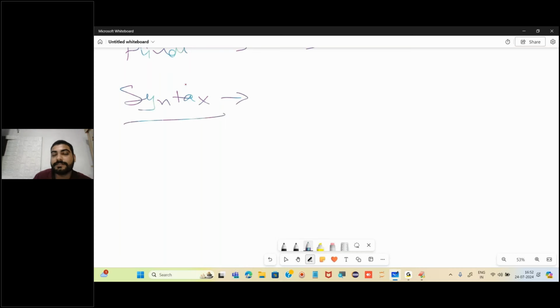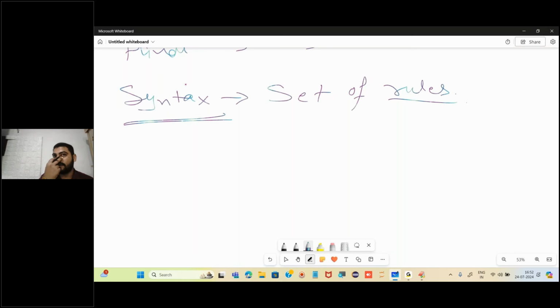What this syntax is, I can say it is a set of rules. Why do I say rules? Because syntax is something which the programming language has to follow, and the programmer has to follow as well.